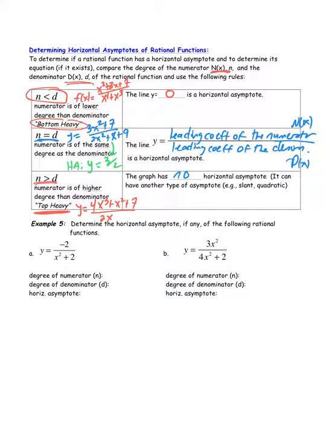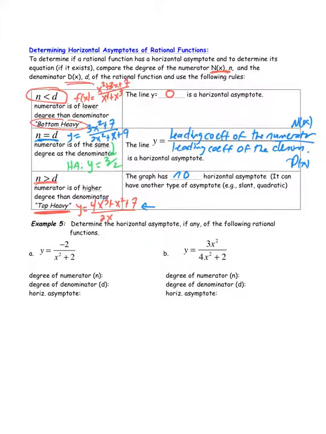If we put larger and larger values in for x, the numerator, which has that x cubed term, is going to grow much faster than the denominator that has the linear term x, which means our y values are not going to approach a constant value. It will have a different type of infinite asymptote, but it will not be horizontal.